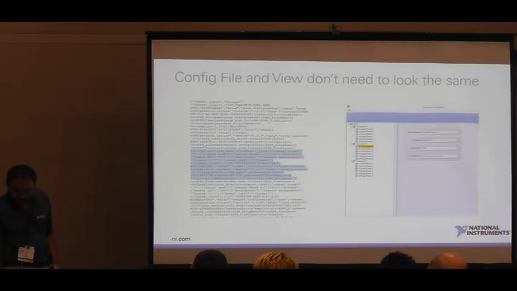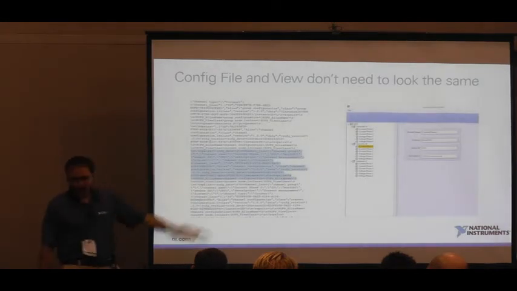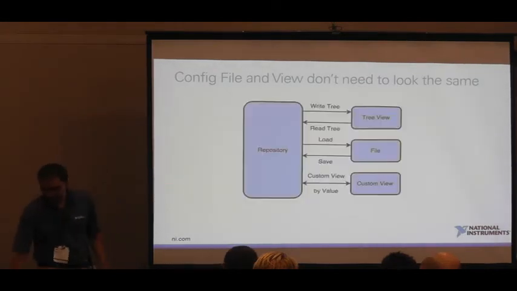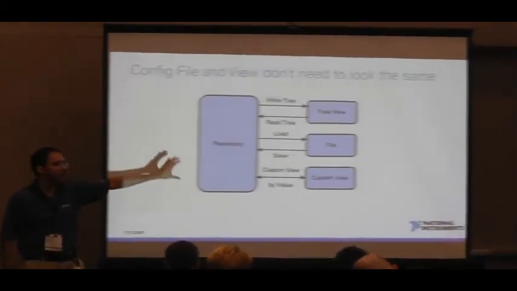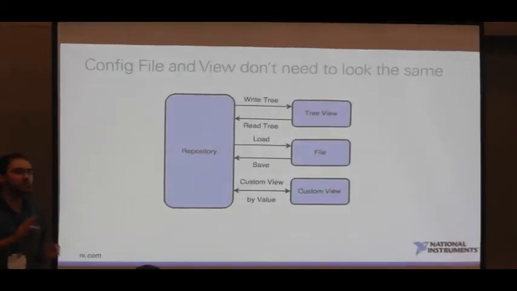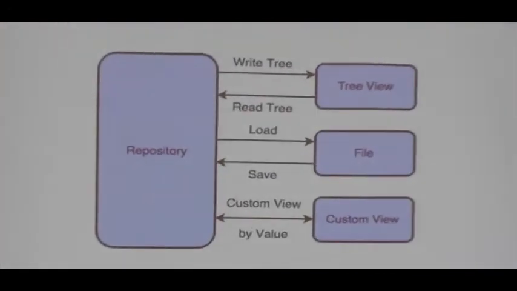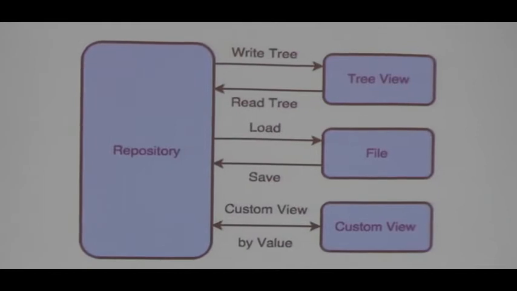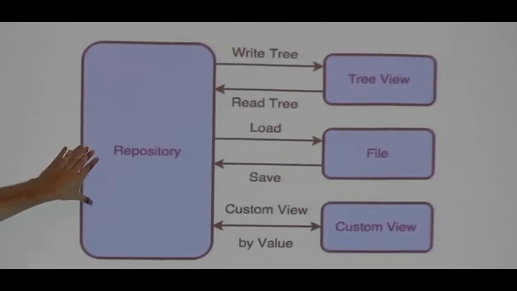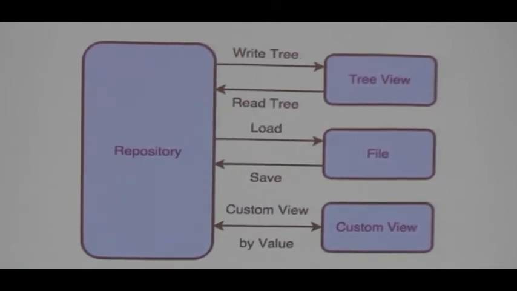So how we achieve this part, and this is the basic part of the CEF, is we have a central repository that is how we manage the data. In this place you can store information however it's easy for you to modify. So if you want an array because it's easy to parse and easy to search the objects, create your array here. And then after this, you will have the different views.